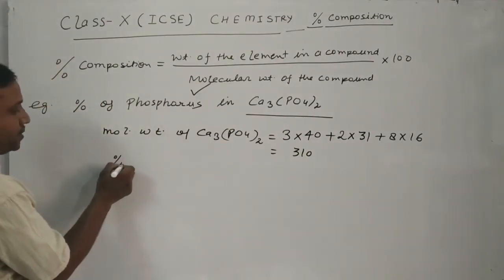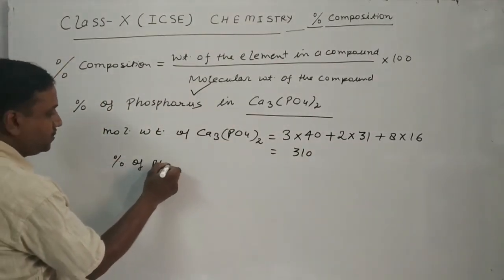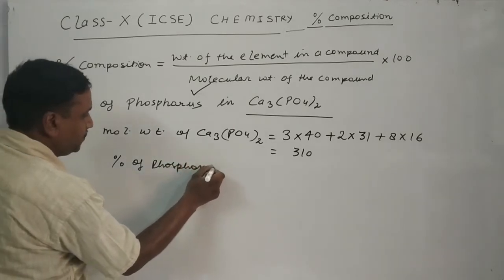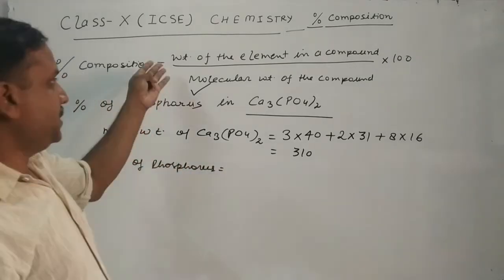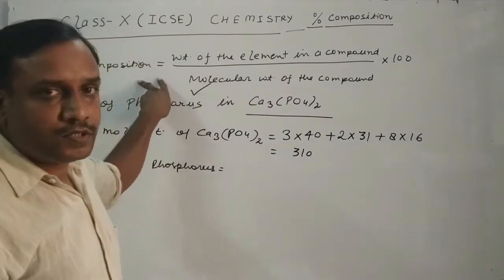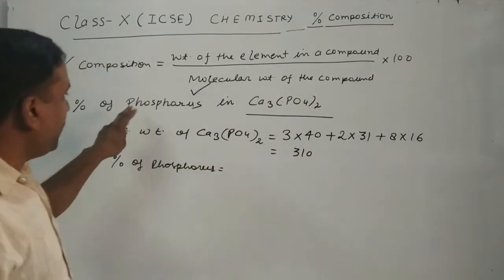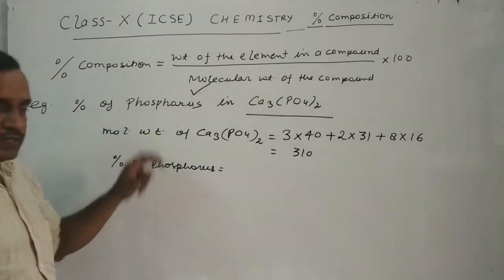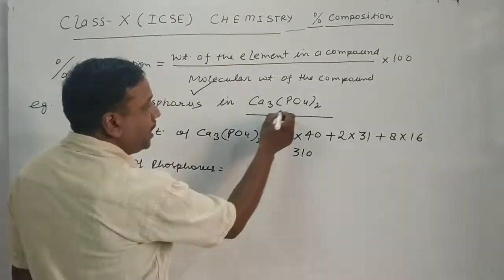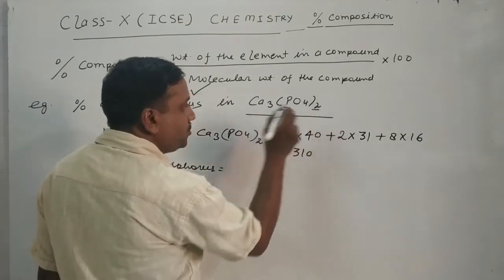Then what is the percentage of phosphorus? As I have told you, the percentage composition is the weight of the element in the compound out of the molecular weight. Here you have to calculate the percentage of phosphorus. How many atoms of phosphorus are there? 2 atoms.